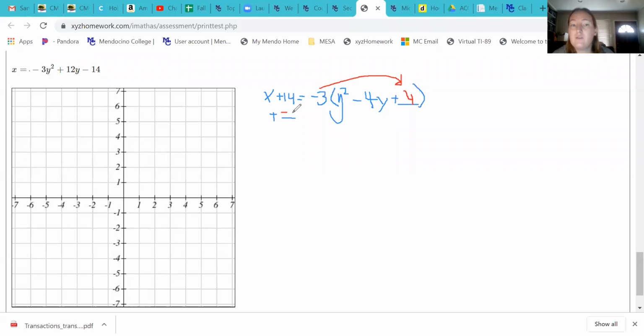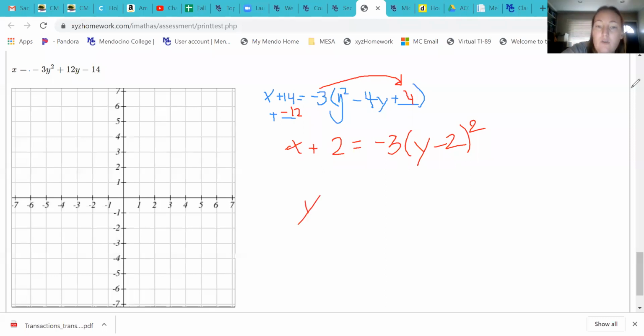So you'll have to add -12 to this side. So you end up getting, for the next line, x plus 2 equals -3 times y minus 2 squared. And we want to get x by itself, so we'll subtract 2 from both sides.